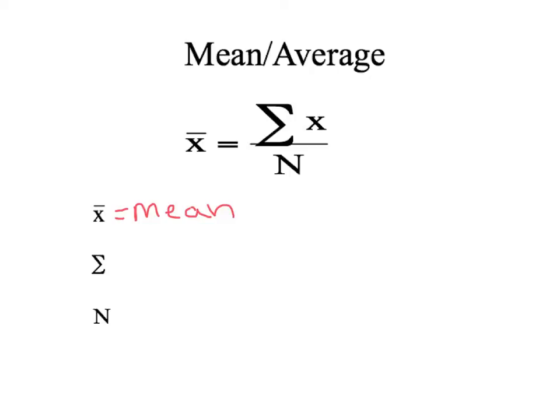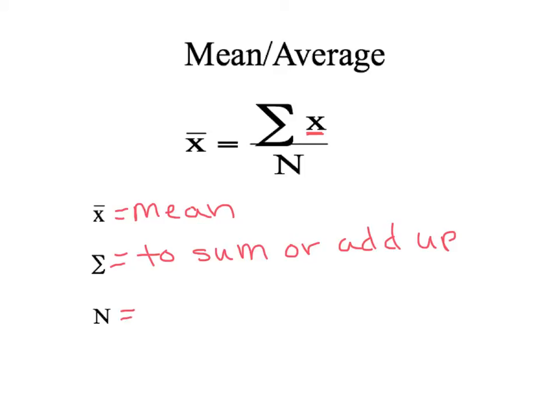You're going to see this a lot in other equations that we talk about throughout the semester, and it's always going to be the same thing. The sigma here means to sum or add up. Everything that comes after this symbol, you're going to add together. So when it says to sum X, it means that we're going to add up all of the X's, and X stands for the individual responses.